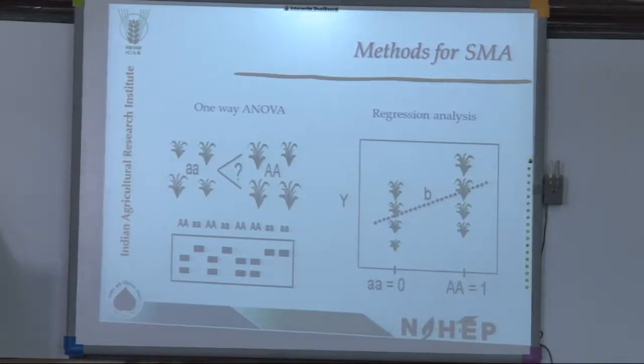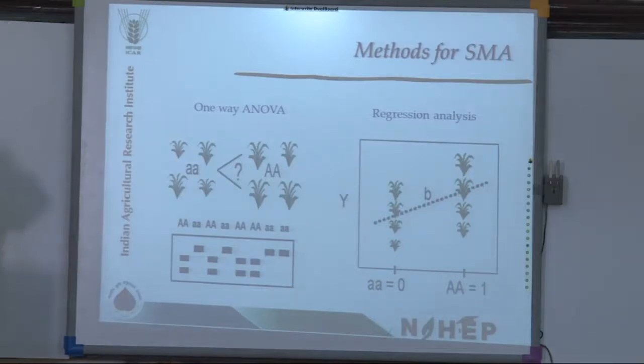What we do here is, when you have one marker having two alleles, one allele coming from parent 1, the other allele coming from parent 2, the progenies are classified based on the marker pattern into parent 1 type and parent 2 type. Now you have the phenotypic trait values for each group of genotypes.